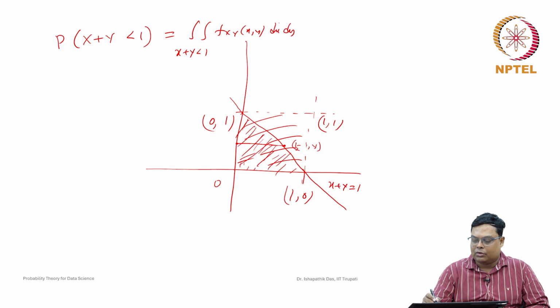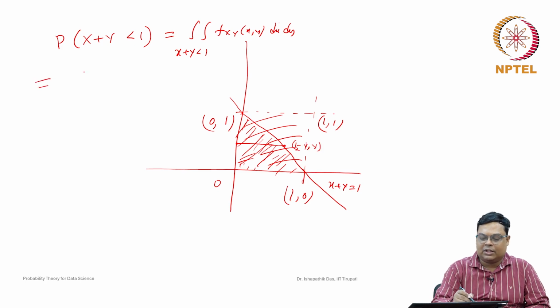So the integration over x will go from 0 to at most 1 minus y, of 4xy dx, and the limit of y will be 0 to 1. So this will be the integral from 0 to 1, of the integral from 0 to 1 minus y, of 4xy dx, and then dy.